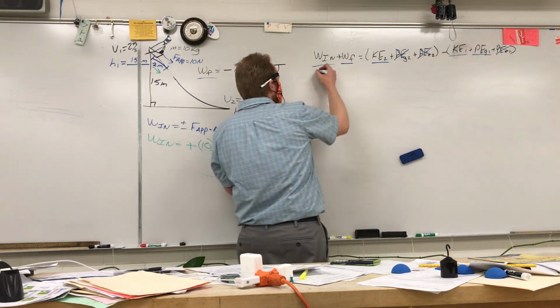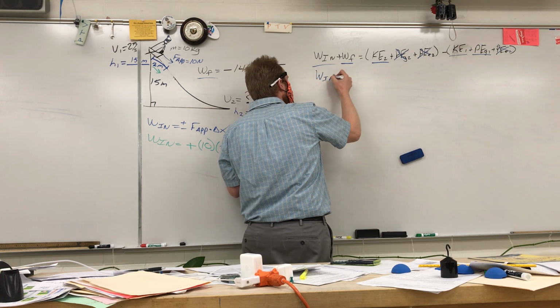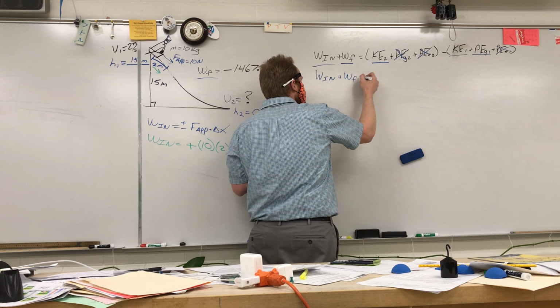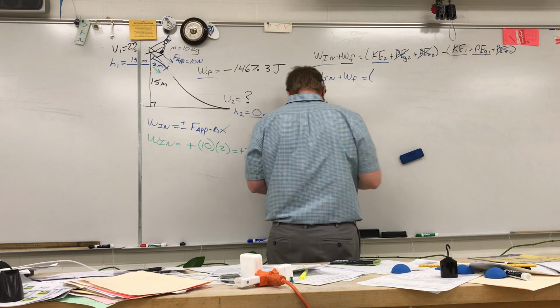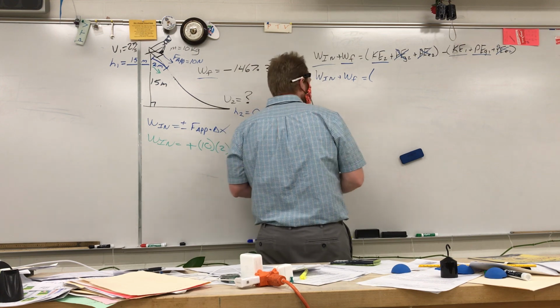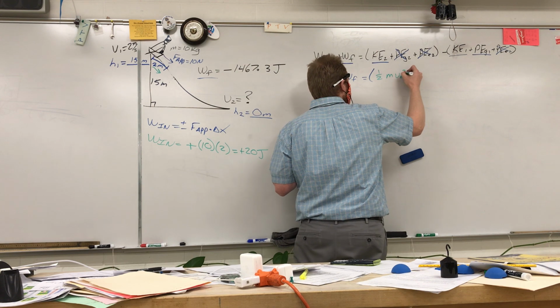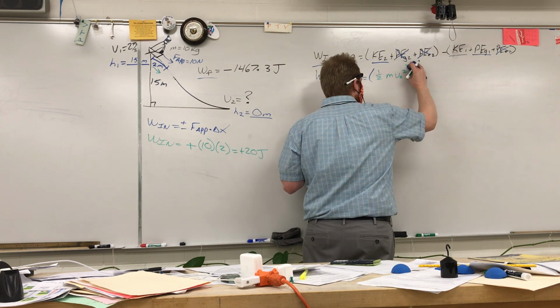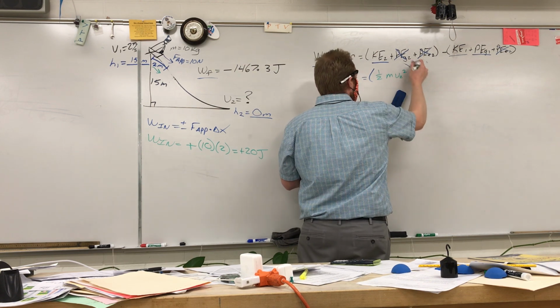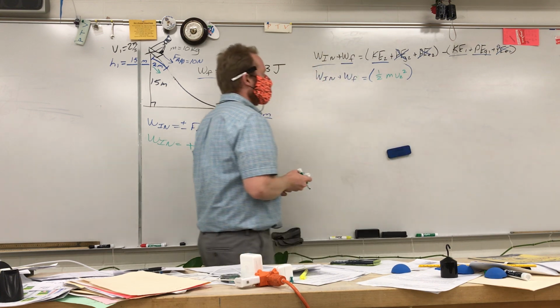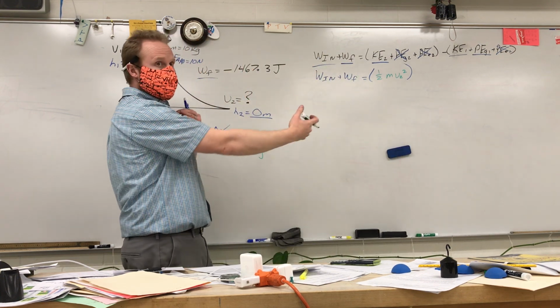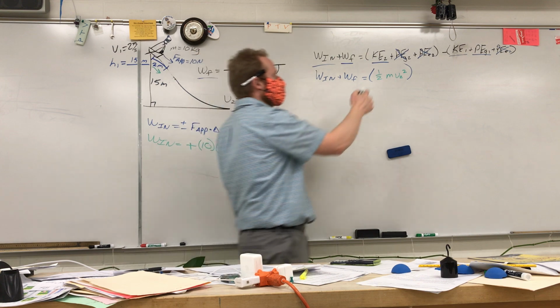I'm not gonna plug in numbers quite yet. Work in plus the work done by friction is equal to parentheses. I'm gonna color code this just to help show the difference, at least initially. That's my KE2. That's all of my ME2. Is everything else canceled out?